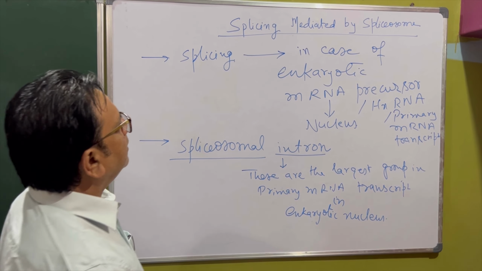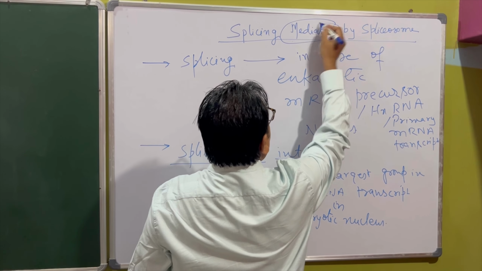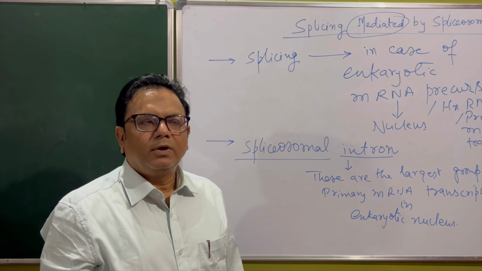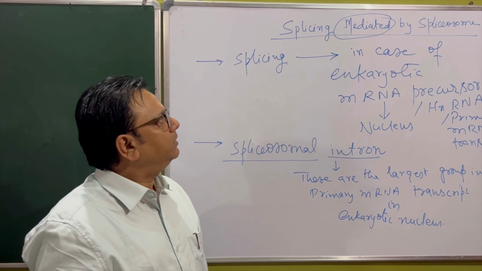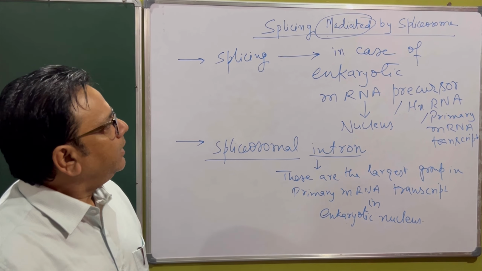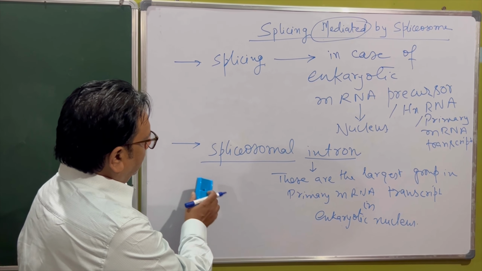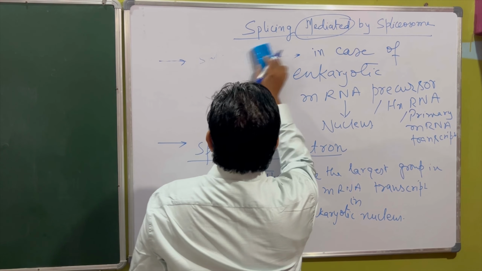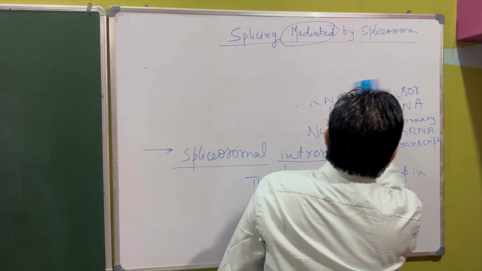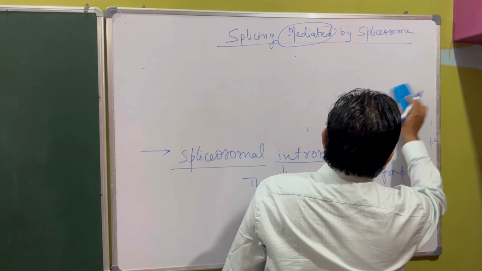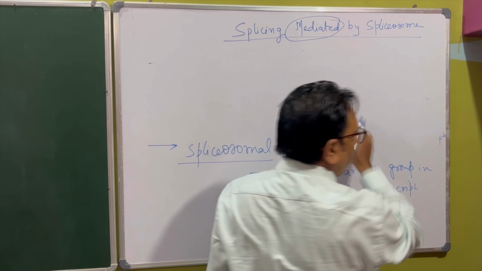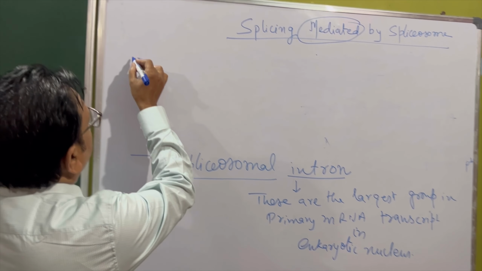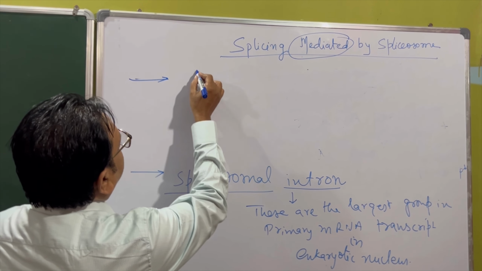And obviously when you say mediated, you are saying that splicing is being catalyzed or intervened by spliceosome. Now we talk about a spliceosomal intron. So what is this all about? We got it that it is the largest intron. But why spliceosomal?